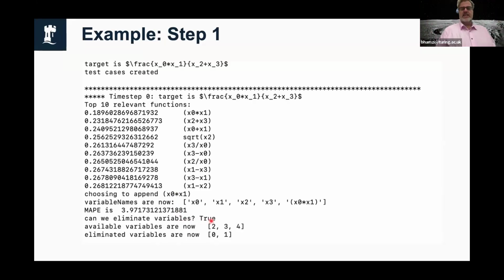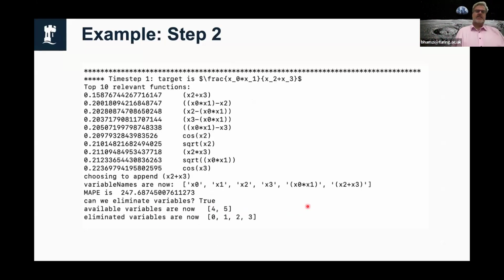And in this case, the amount of additional information that it's adding is sufficient to say that we eliminate that variable. So now we've gotten rid of x0 and x1 because that's sufficient to capture what was encoded by those two features.